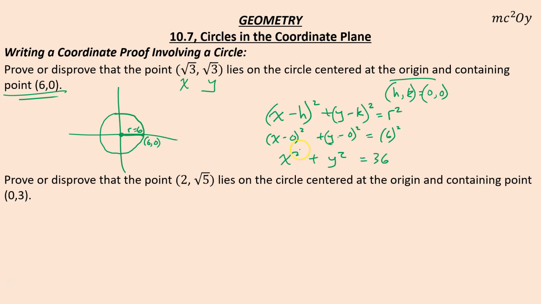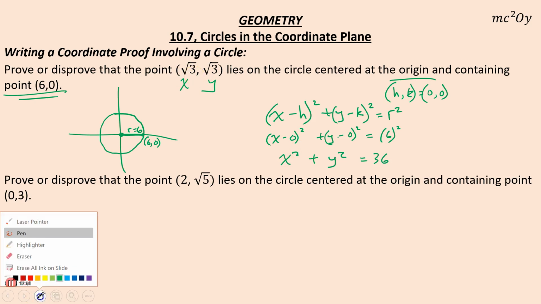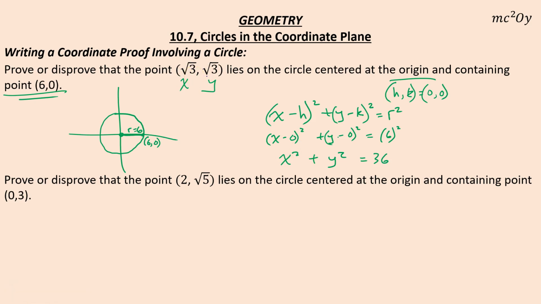The whole reason we write the equation, it didn't say write the equation, it says prove or disprove. Well, all we have to do now is substitute √3 in for x and y. If it's truly a solution, it'll make that true. Okay, so (√3) squared plus (√3) squared, does that equal 36?